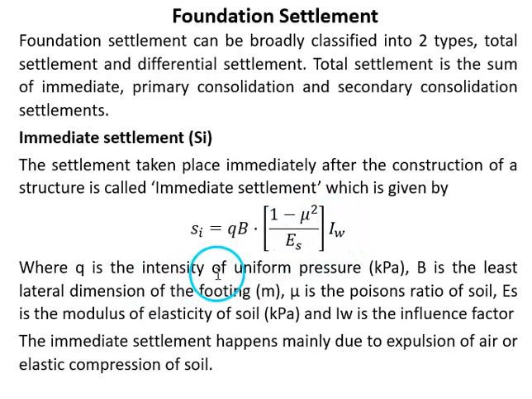Here q is the intensity of uniform pressure which is acting on the footing, and B is the least lateral dimension of the footing, mu is the Poisson's ratio of soil, and Es is the modulus of elasticity of soil. And here Iw is the influence factor. By taking all these values and substituting in this equation, we can estimate the immediate settlement.